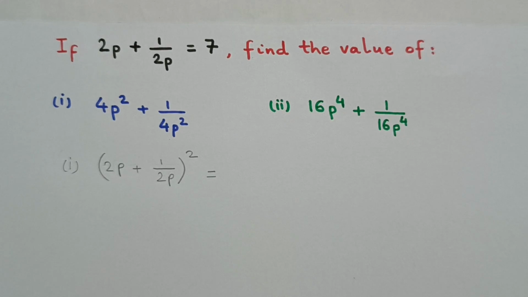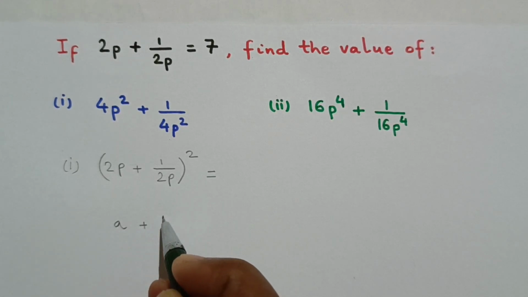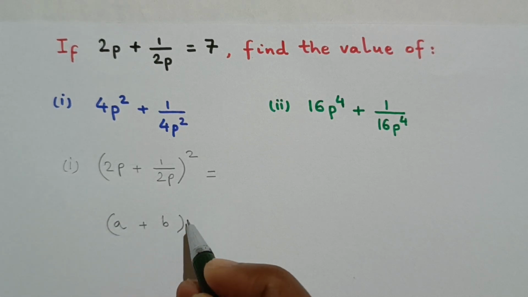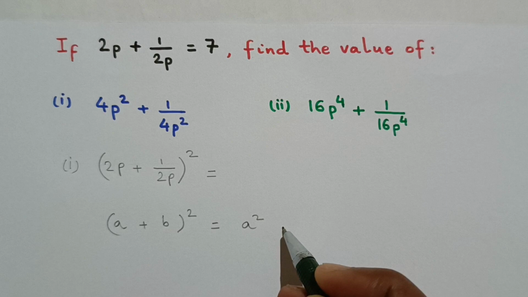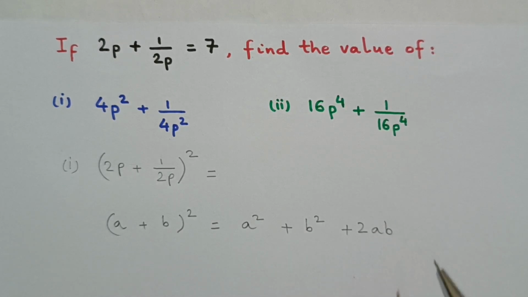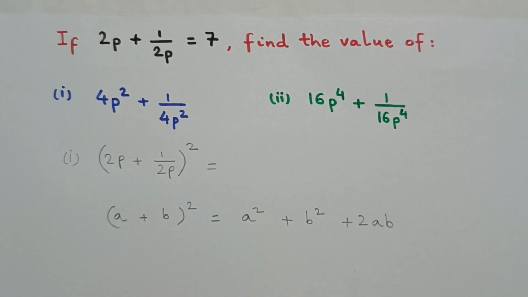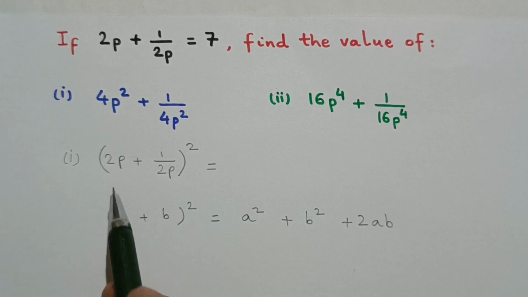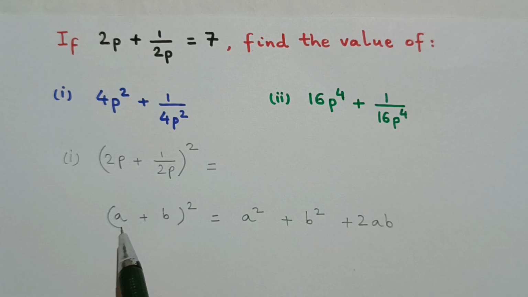We know the algebraic identity a plus b whole square, which is equal to a square plus b square plus 2ab. Now, I am going to compare 2p plus 1 upon 2p whole square with a plus b whole square.